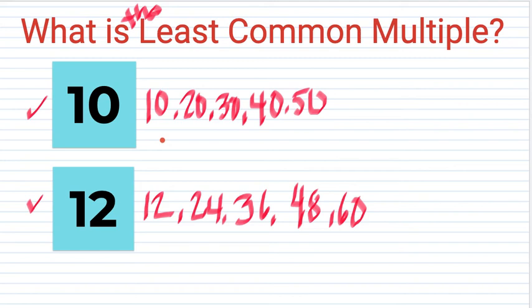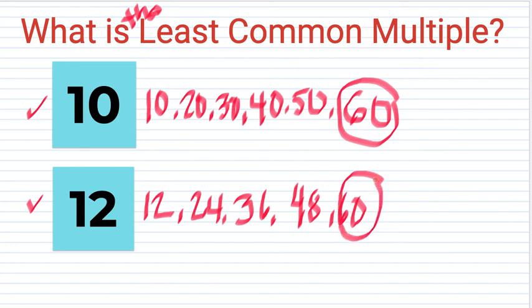Let's check. There is none. So therefore, we can continue counting here. 10, 20, 30, 40, 50, and that would be 60. There is a common number now, and the number is 60. So therefore, we can say that the LCM of 10 and 12 is 60.